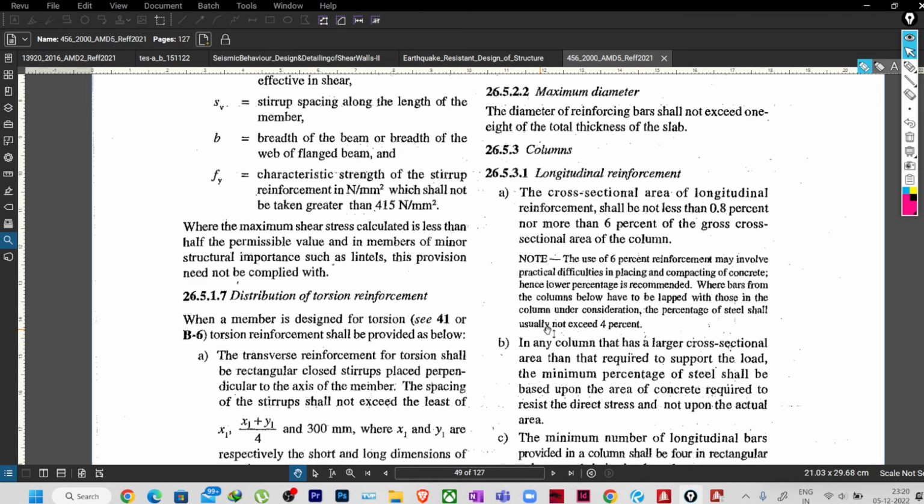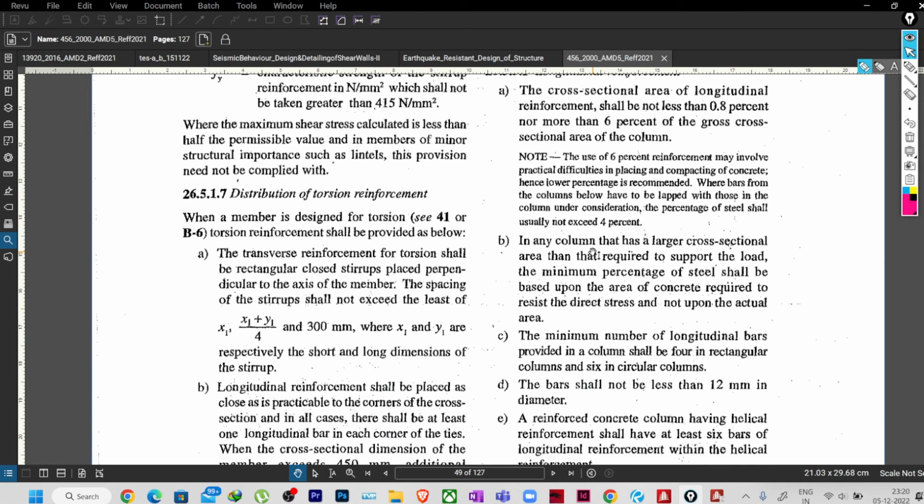So we should not go beyond 4% actually. In any column that has a larger cross-sectional area than that required to support the load, the minimum percentage of steel shall be based upon the area of concrete required to resist the direct stress, not upon the actual area.